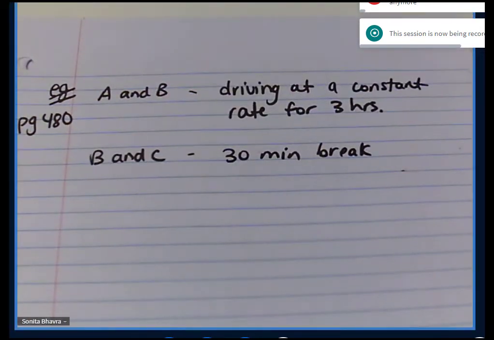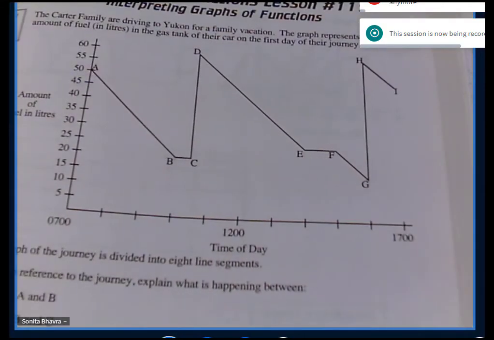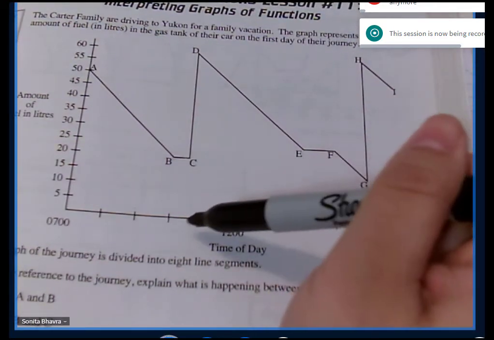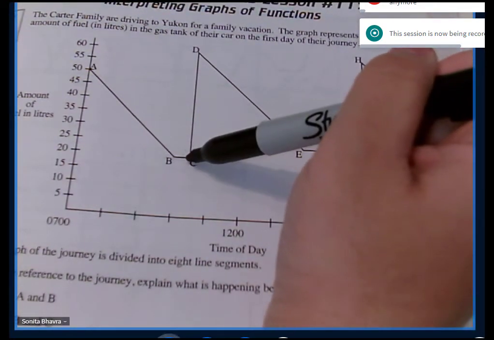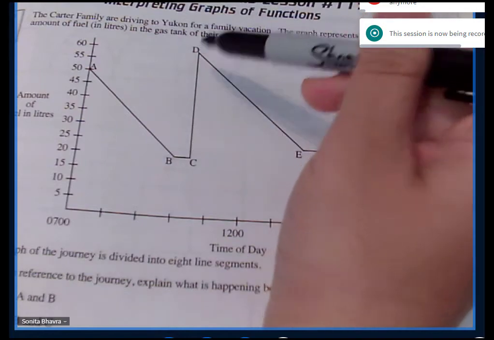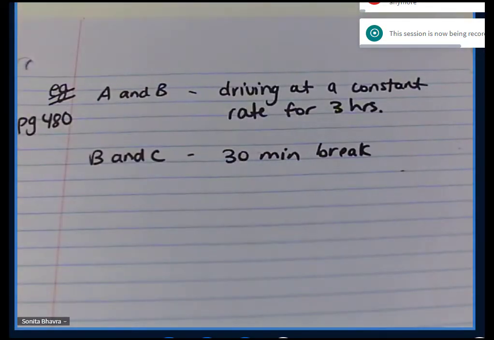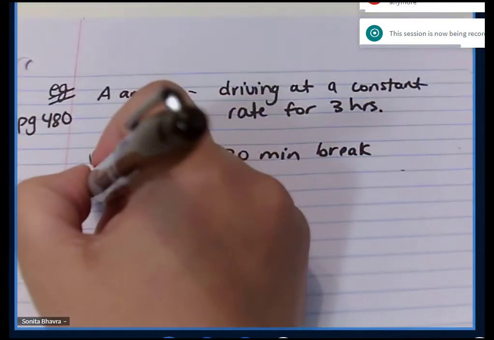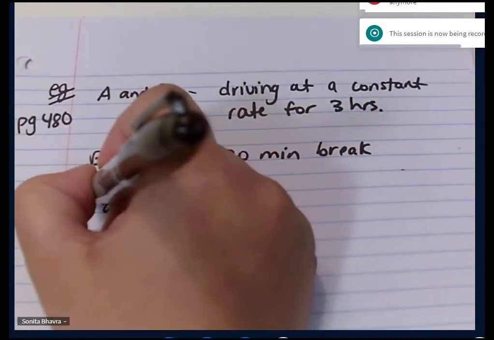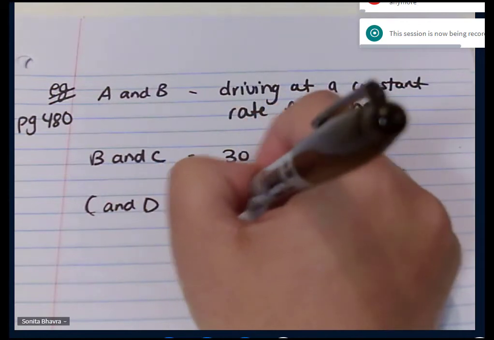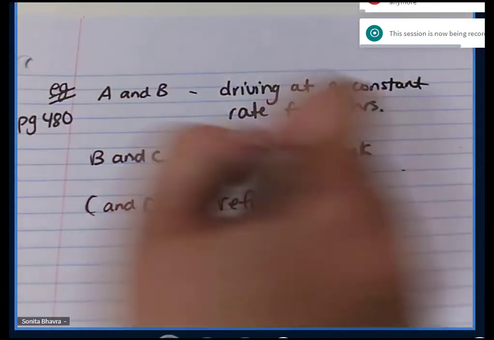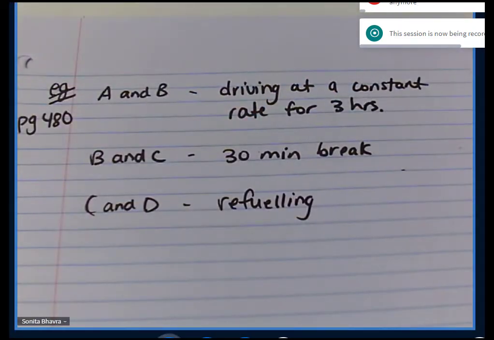All right, and then when we look at our next section here, we haven't moved, time hasn't moved, but we've gone up in fuel from C to D. So most likely there has been some refueling at the gas station. Okay, so filled up on gas.